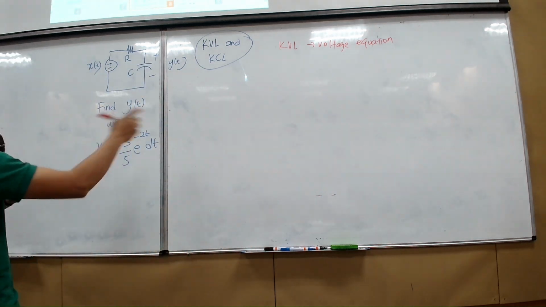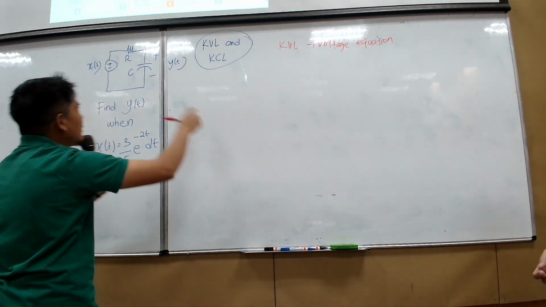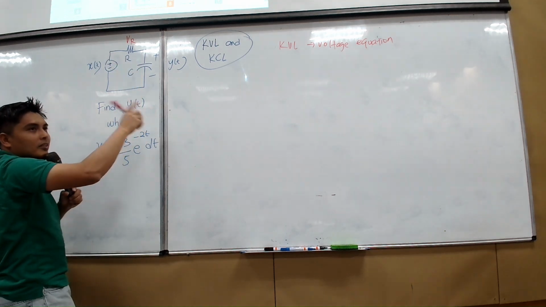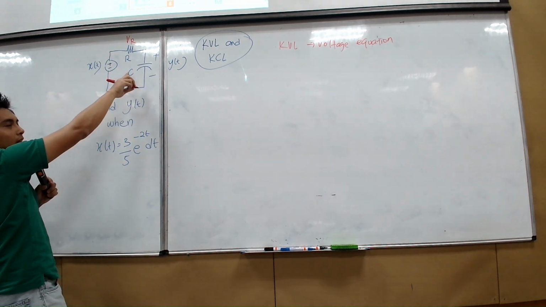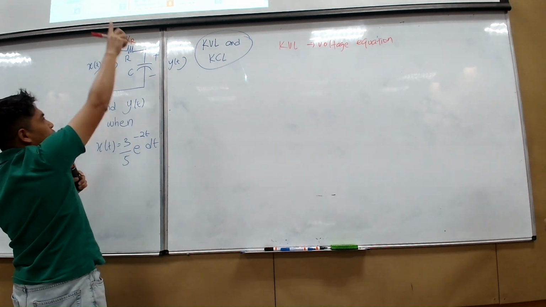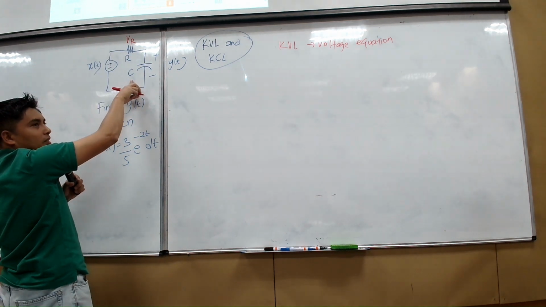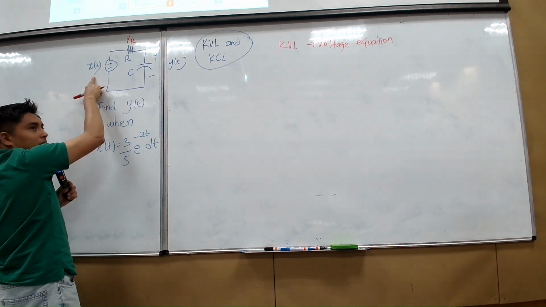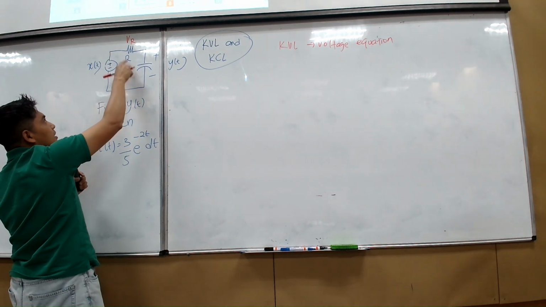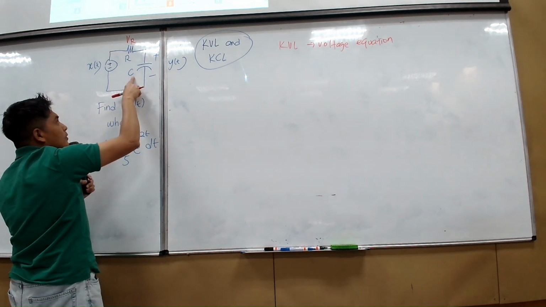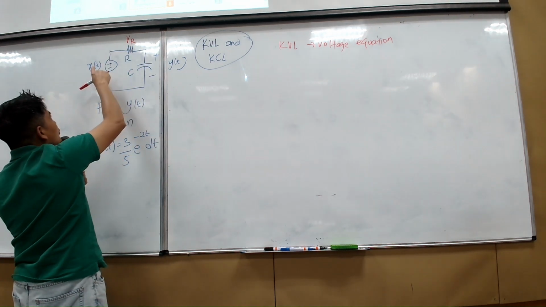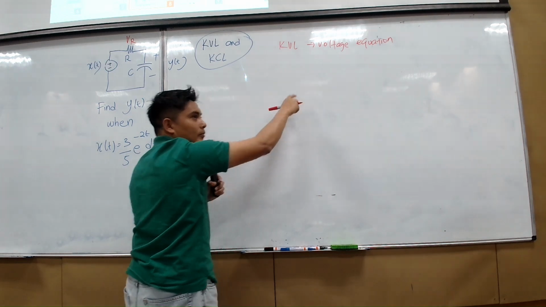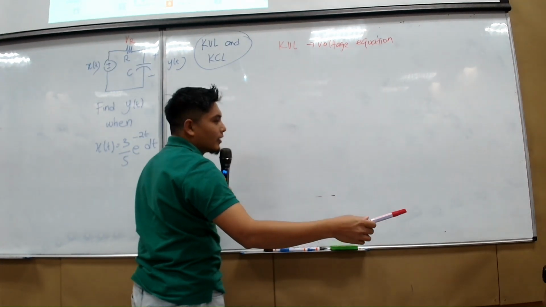In order to write the voltage equation, you must name the voltages: VR is the voltage across the resistor, and YT from the question is the voltage across the capacitor. The symbol for the input voltage is XT. The voltage for the resistor is VR. The voltage for the capacitor is YT. So you try to arrange XT, VR and YT in KVL form.